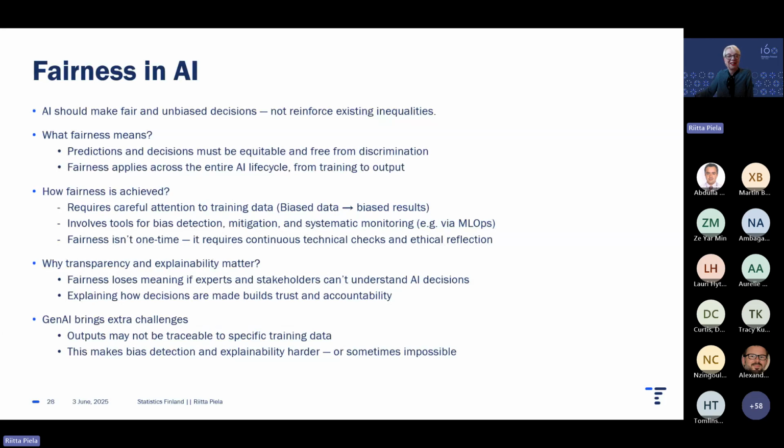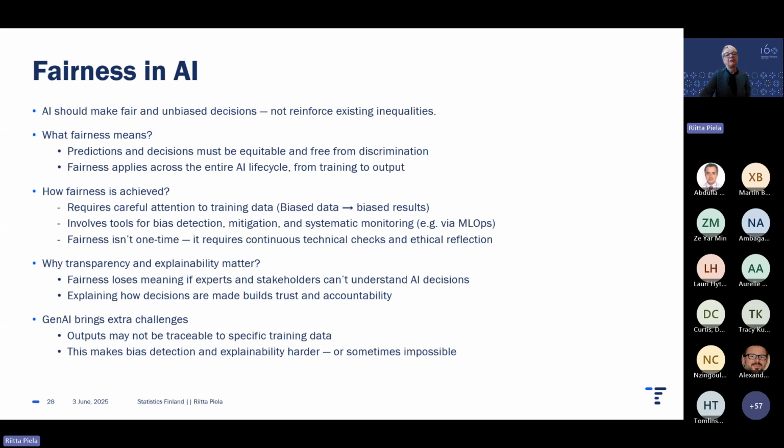We all know that biased data produces biased results. Then there are tools for bias detection. Fairness isn't one-time. It requires continuous technical checks and monitoring, and also ethical reflection. This is why transparency and explainability matter: fairness loses meaning if experts and stakeholders can't understand AI decisions. Explaining how decisions are made builds trust and accountability.